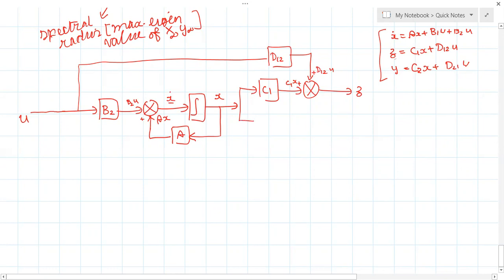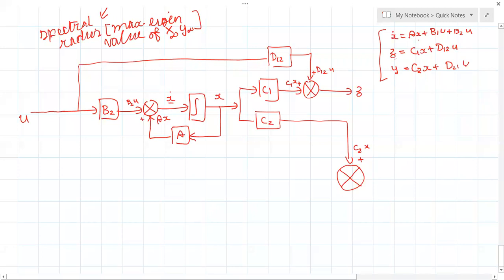Then what next? The y output equation. So here is our C2. This signal will be C2x plus D21w.